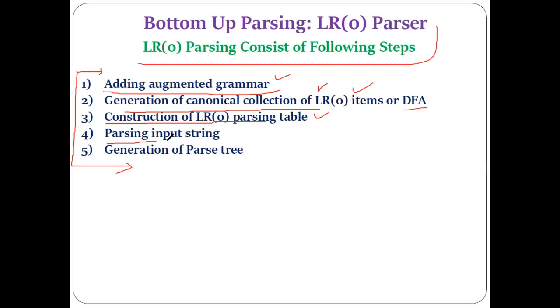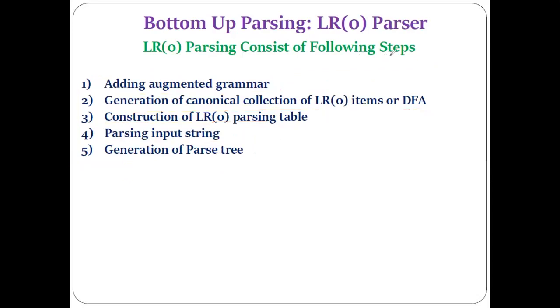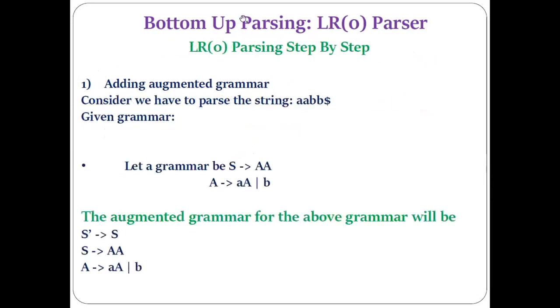Fourth is parsing the input string and generation of the parse tree, and from that the decision can be announced whether the string is accepted or not. So we'll take an example and, step by step, understand how the LR0 parser parses a particular string.